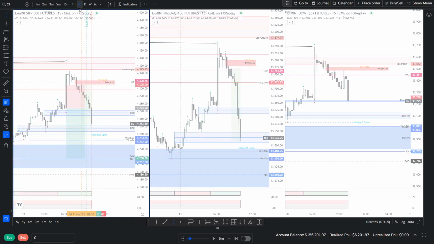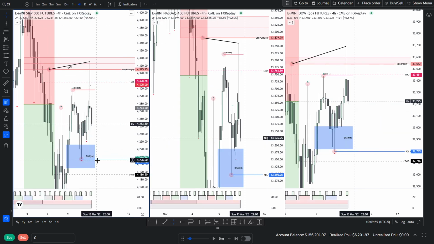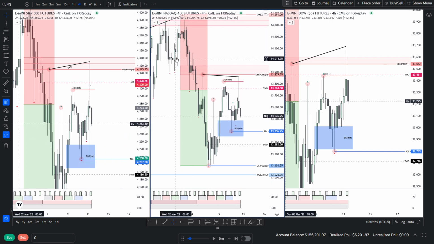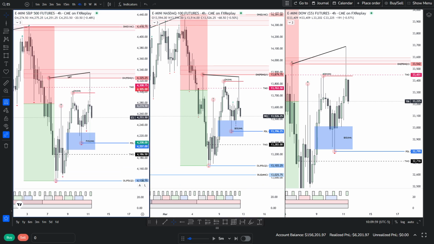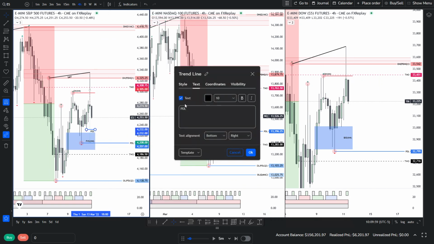Just going out to the 4 hour. I want to see the 4 hour inflection point. There's one here. There is this inflection point here, which would need to be extremely careful of.